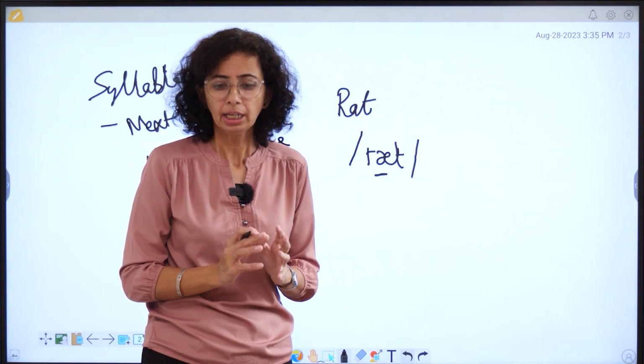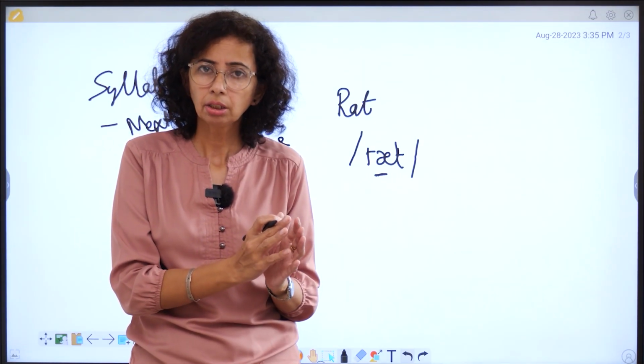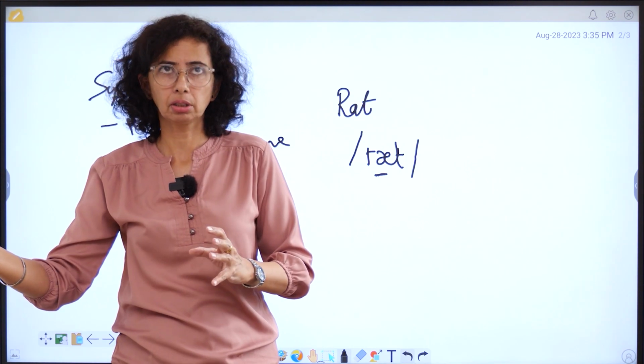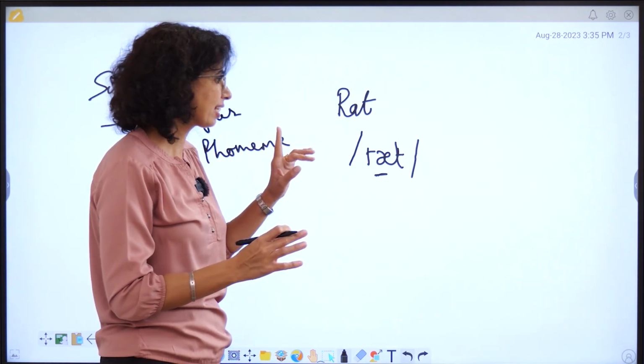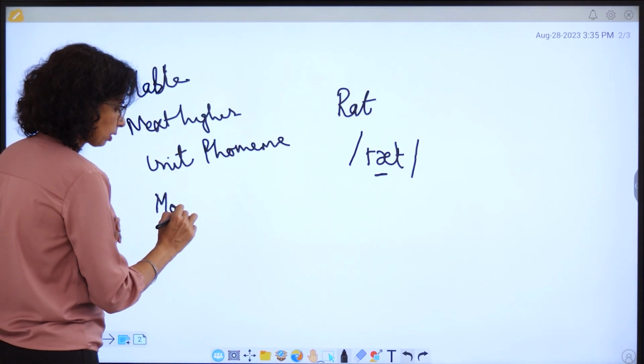Any word can have one syllable to multiple syllables. The word which has one syllable, we call monosyllabic.